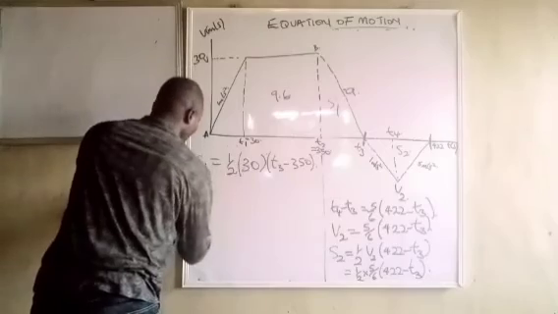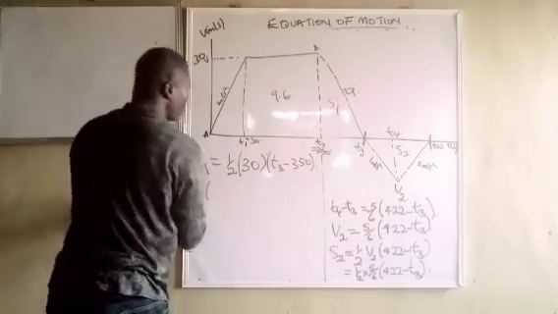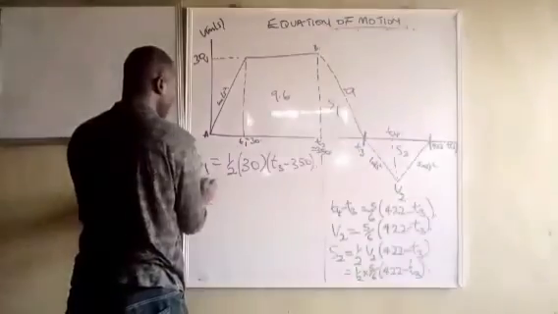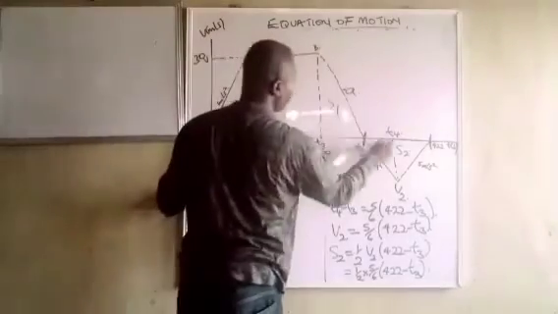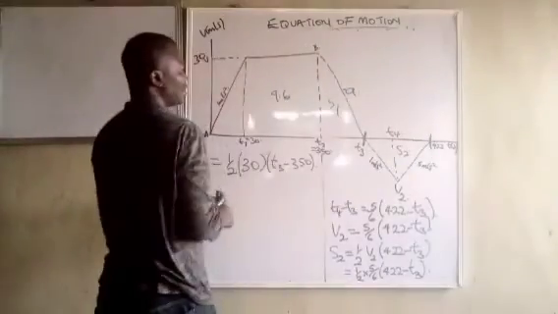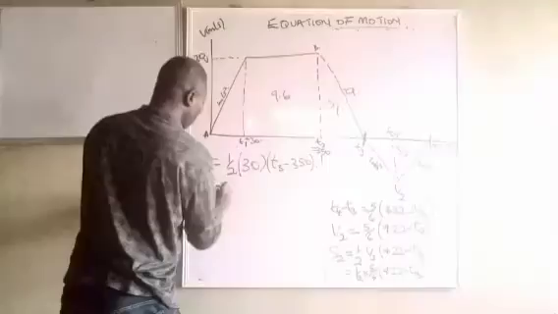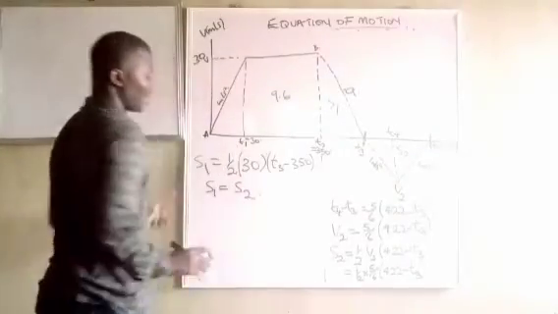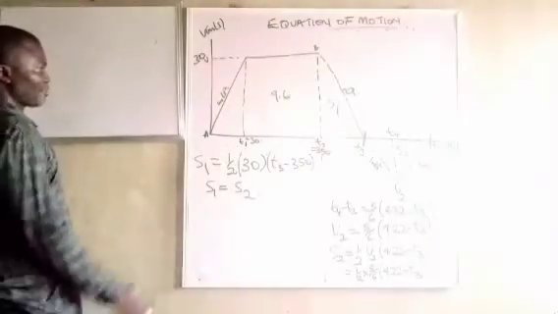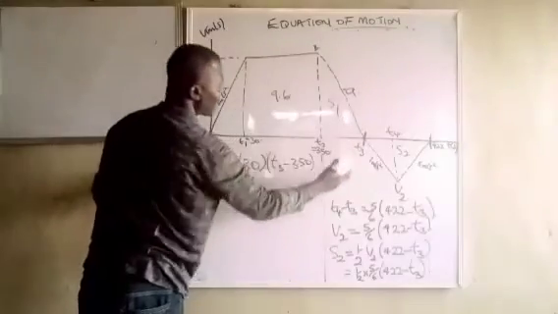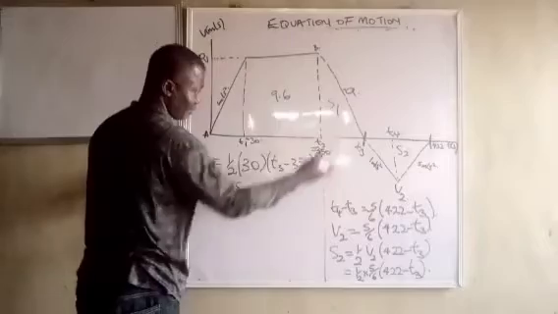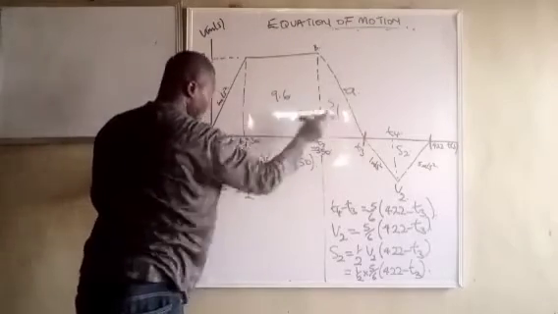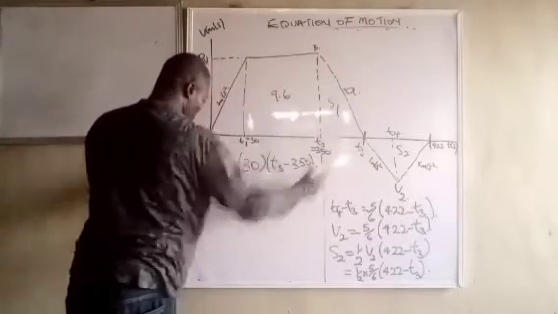So we have 15. And from the question, they have told us that it overshot before it started reversing. That is, S1 is equal to S2. That is the condition now. It overshot B and then it started reversing: accelerated, decelerated, and then stopped at B. So S1 equals S2.